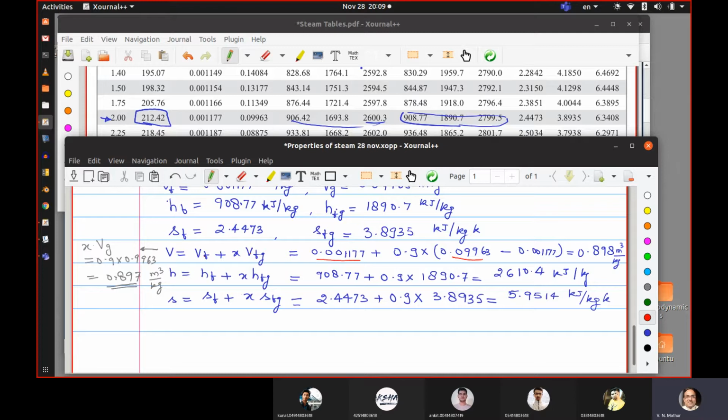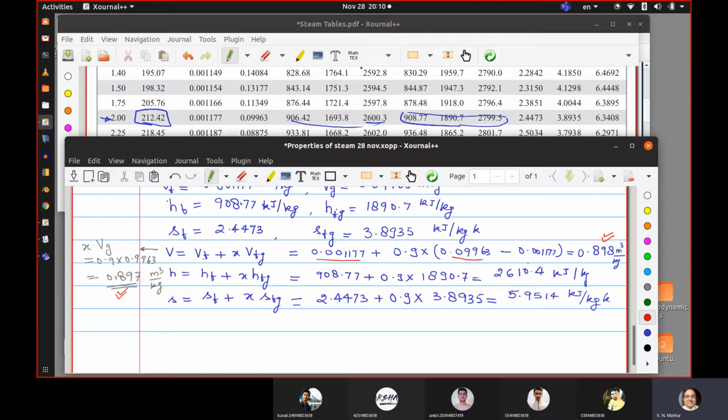Or even if you neglect Vf also, you can directly write V is equal to x into Vg. Comparing the two answers, 0.898 and 0.897, it's 1 in 1000, a 0.1% error.